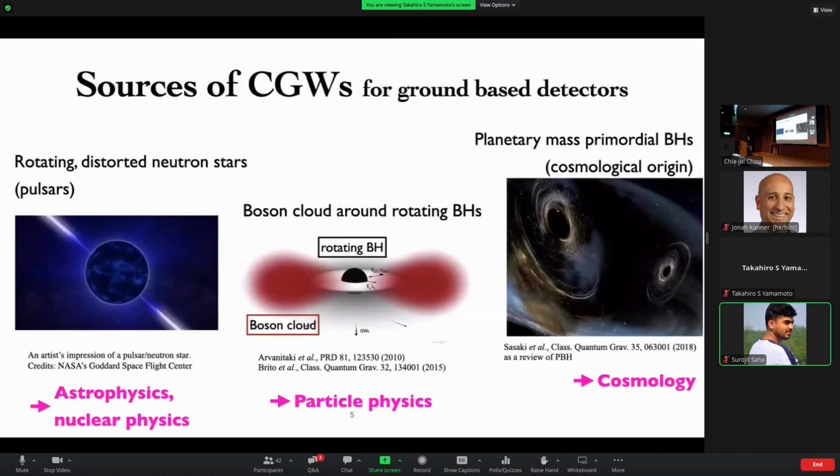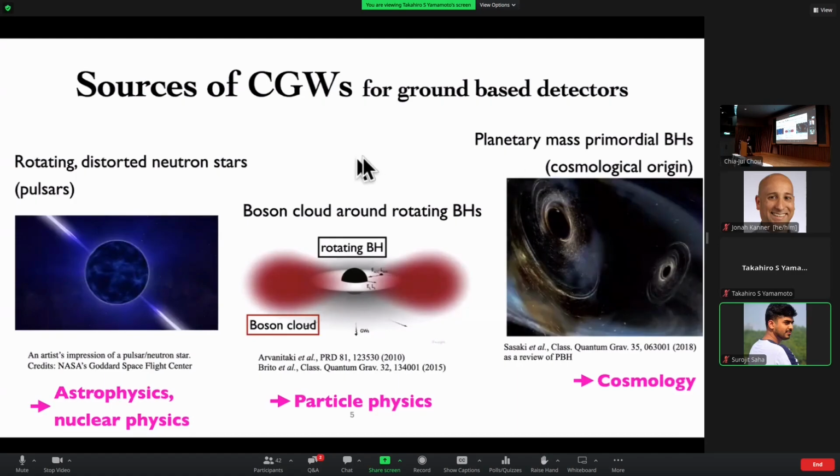So here are several sources of continuous gravitational waves for the ground-based detectors. Most people expect that a neutron star is the most likely source of continuous gravitational waves, because we already know that there are a lot of pulsars in our galaxy from radio telescope observation.